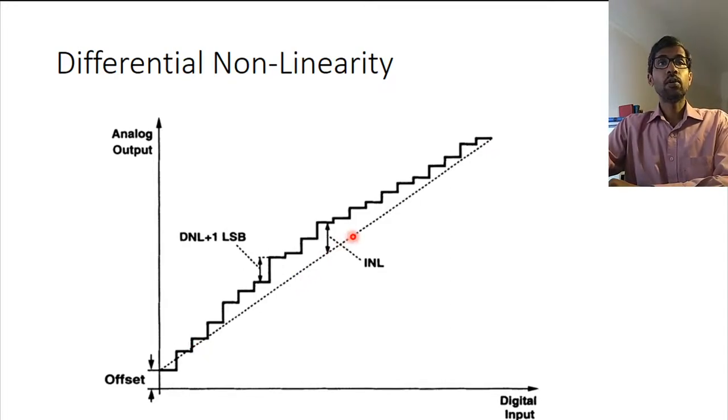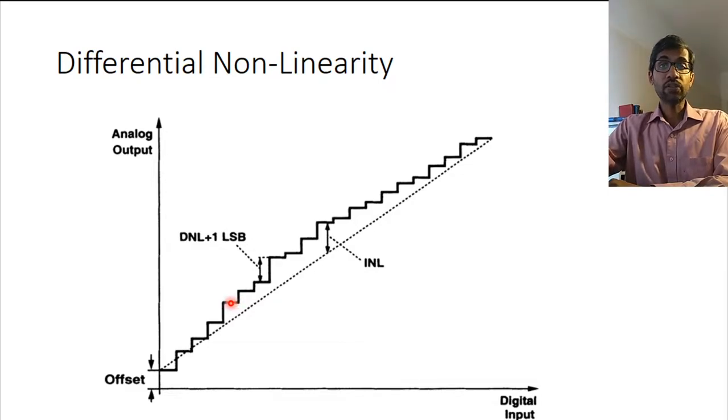Having said that, let's look at differential nonlinearity. Differential nonlinearity is the maximum error that you can get at the output for a particular bit. If this curve was ideal, we would have expected all the step sizes to be equal.